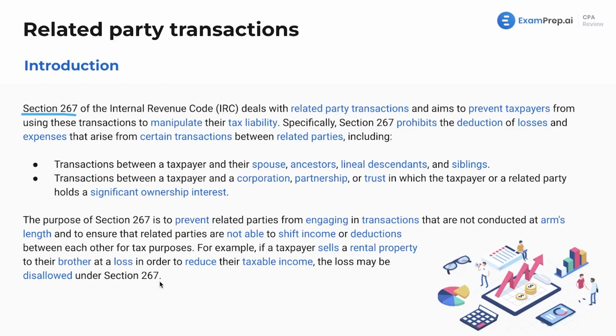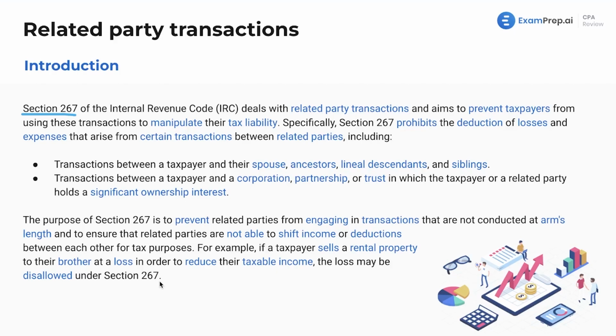This is going to resonate through a lot of different topics throughout the exam. We've got bankruptcy, where if you just sell your car to your brother for $1, that's probably a non-legitimate transaction. You're trying to just get rid of it, so you don't have to give it up in bankruptcy. That's a little bit different, but you see the similarities: arm's length transactions, illegitimate transactions, related parties, conducting business between.